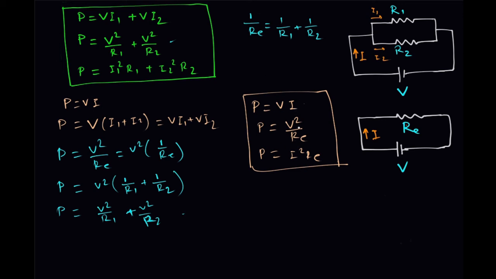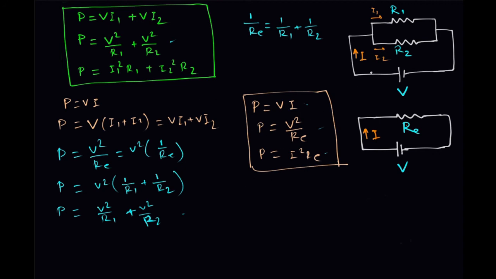So the total power can be calculated by using one of these three formulas or one of these three formulas. Here in this case we calculate the individual power consumption in the individual resistances and we add up these two. And here in this case we just take the equivalent resistance and calculate the total power consumption.